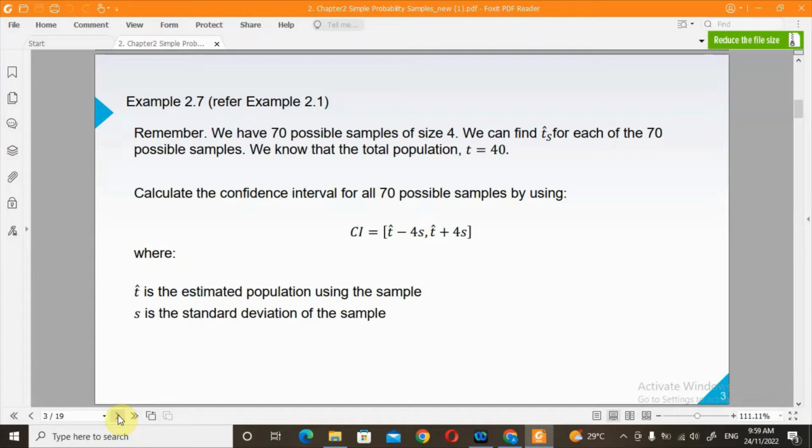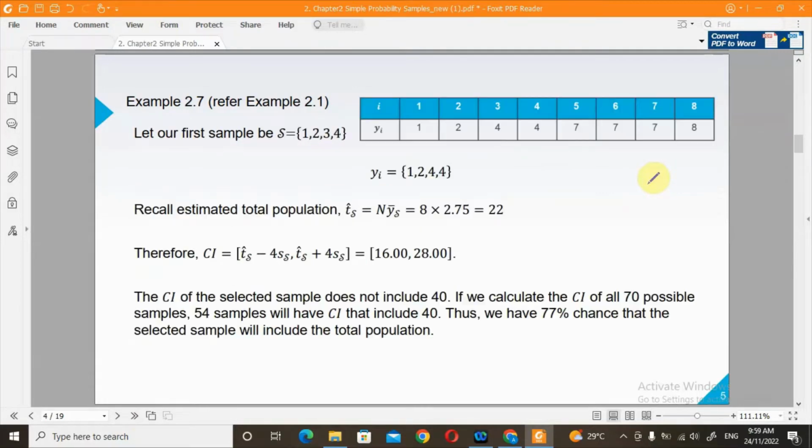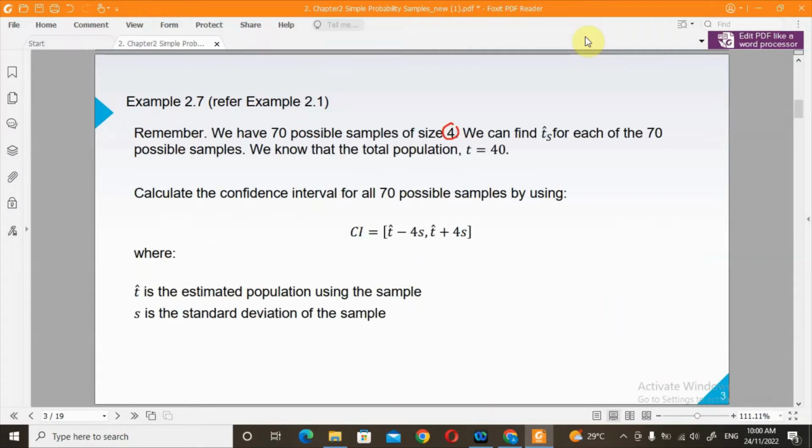We have 8 respondents, for example, and from the 8 respondents, we are going to randomly select only 4 samples, which means that we have 70 possible samples. Let me check again. Yes, it is 8.